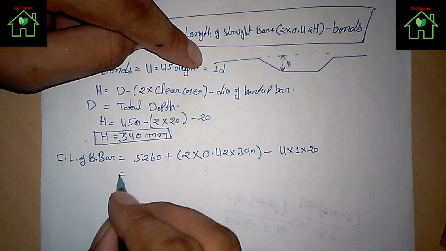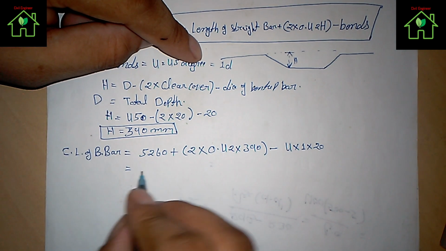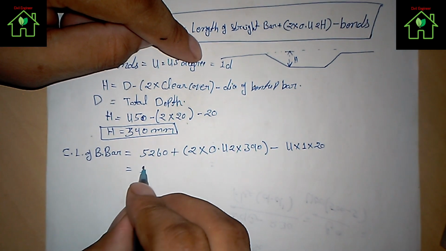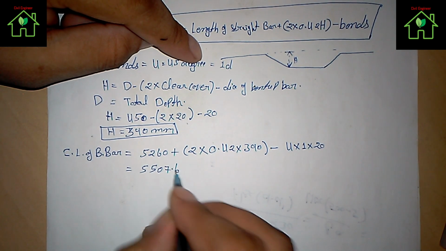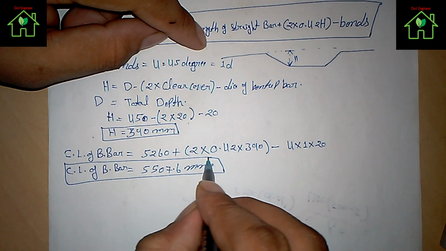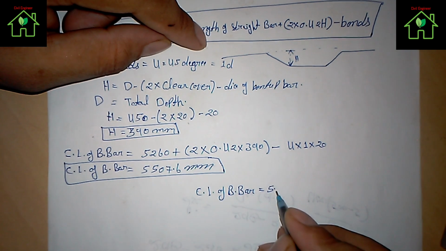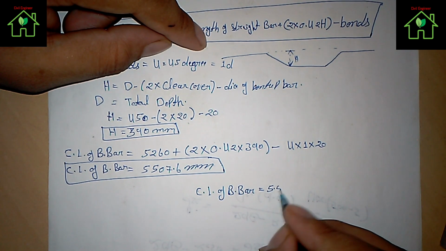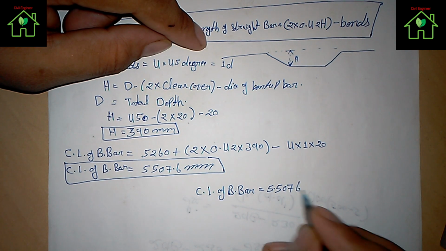After the calculation, we get the value 5507.6 mm. In meter, we have got this value 5.5076 meter.